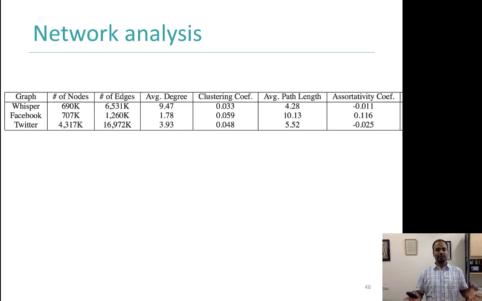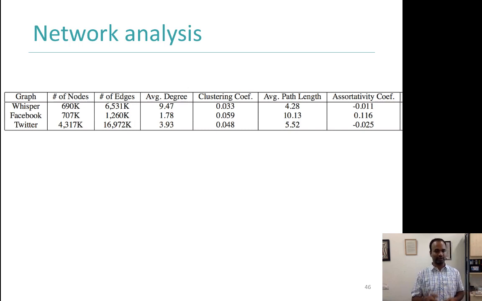So now we're going to look at a topic that we have seen more in the past also, which is network analysis. We also have tutorials on this topic, looking at how you can use metrics developed in network analysis to make some inferences. Here they took Whisper, they also took random users from Facebook, and compared also to Twitter.